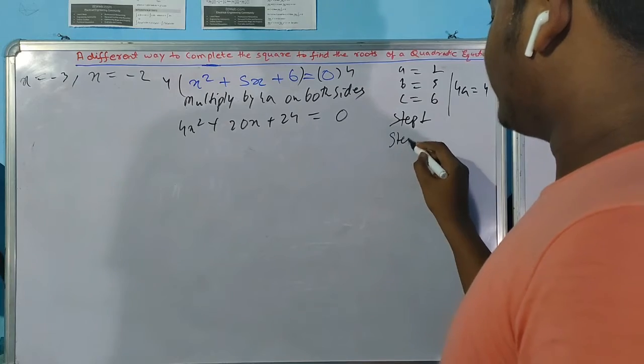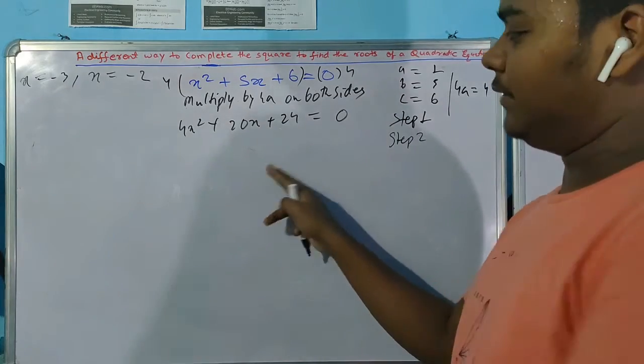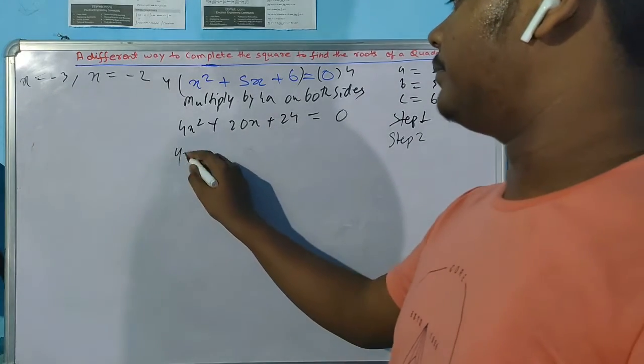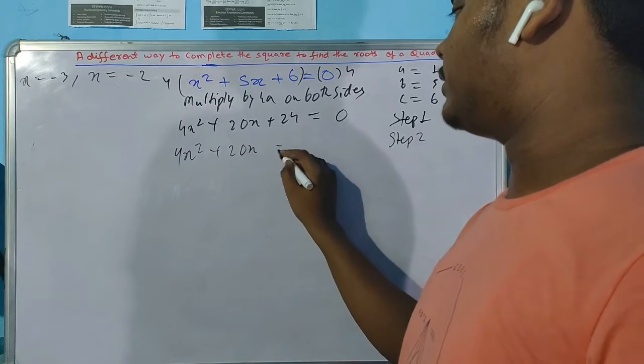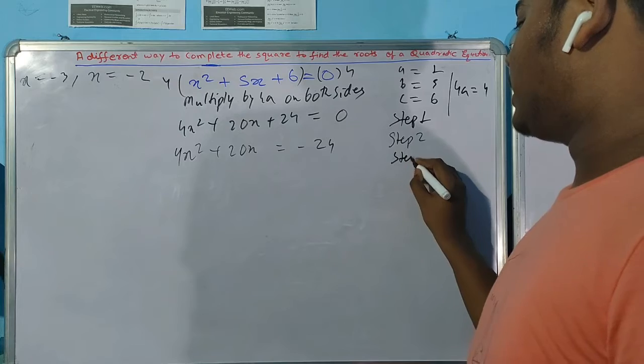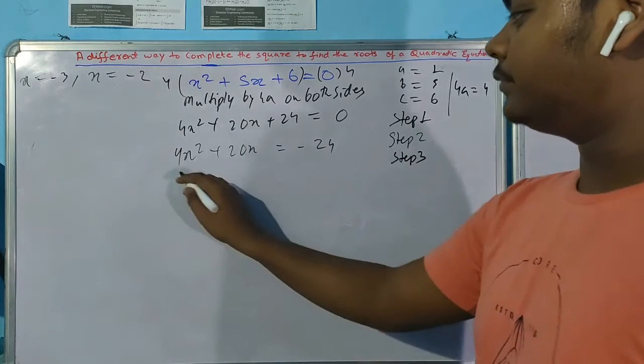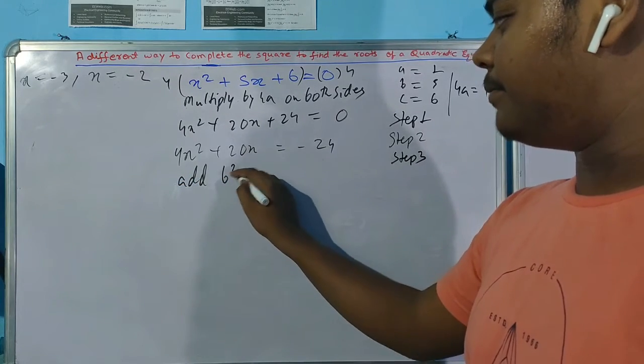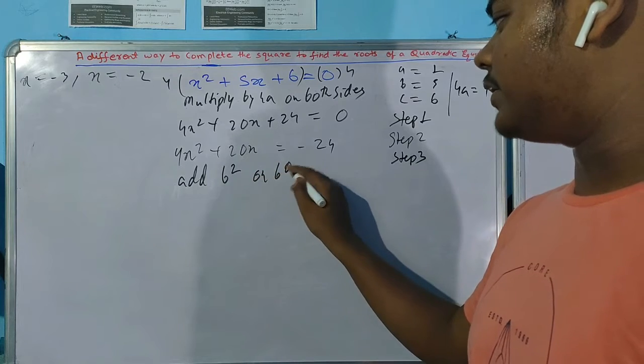Then the second step is to shift this on the right side of the equation: 4x square plus 20x is equal to -24, right? Now the third step is to add b square on both sides.